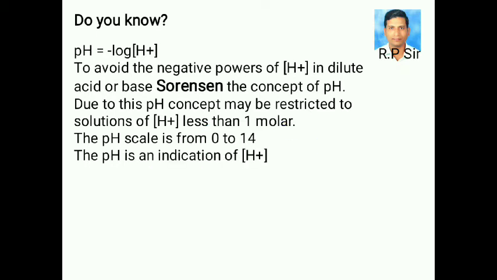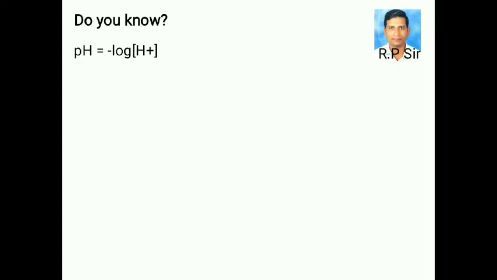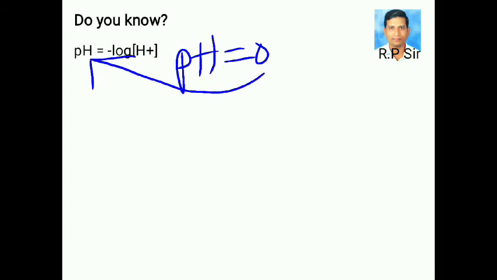The pH is an indication of hydrogen ion concentration. If pH is 0, then hydrogen ion concentration equals 1 mole. Let us find out. Given that pH is equal to 0, substitute this value in this equation.